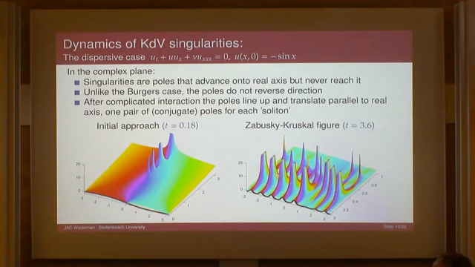So you have the same sort of business like previously. You have the singularities running in from the imaginary axis. They veer off, they drift off, same as in the Benjamin Ono case. And then they line up pretty much same as in Benjamin Ono. So this is that iconic picture from Zabusky-Kruskal when looked at in the complex plane.